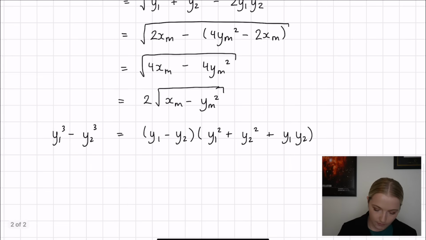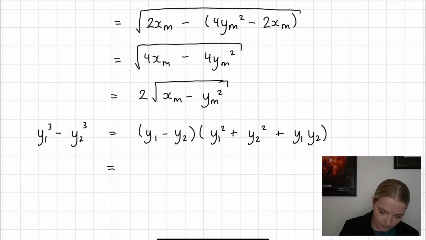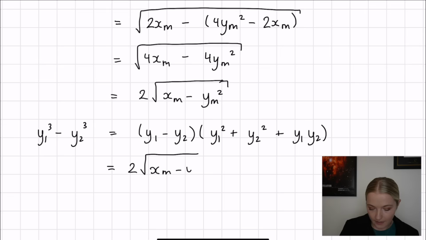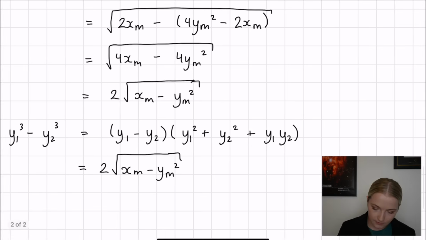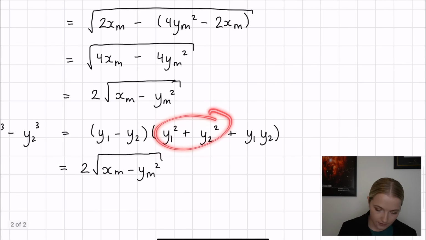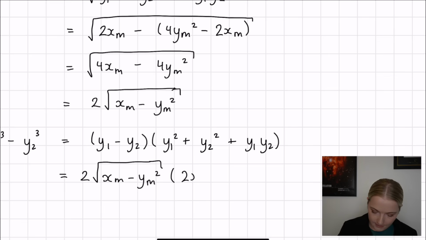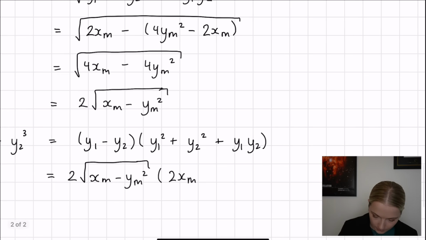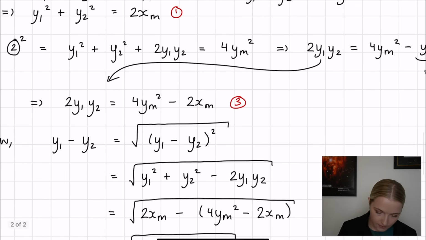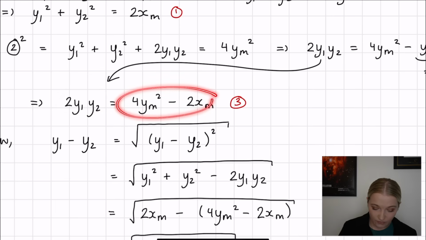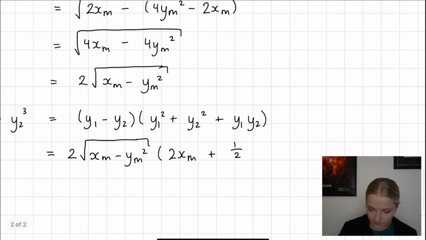Well, we know what y1 minus y2 is, so this is going to be none other than 2 square root of xm minus ym squared. And again, we know what this is because we calculated it. That will be 2xm plus, now we have to have a half in here because we calculated it in terms of 2y1 y2, so it's just a half of this, so it would be 2ym squared minus xm.